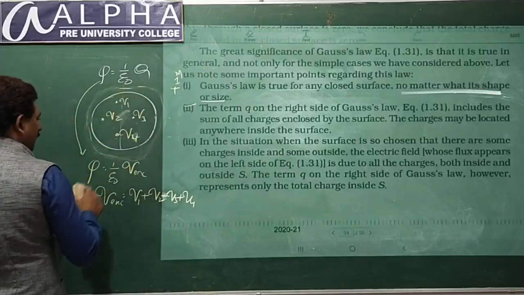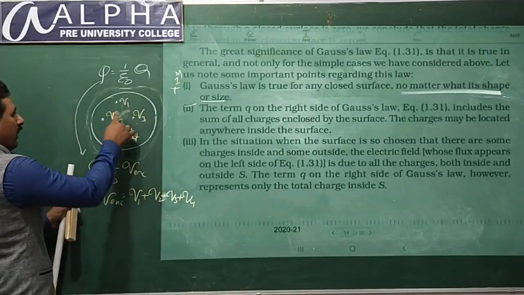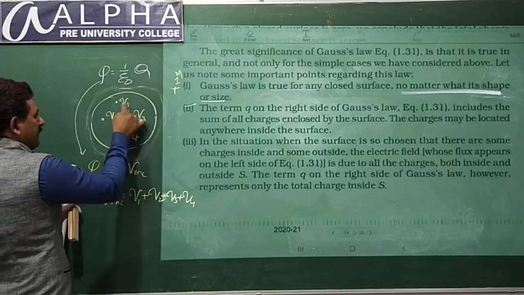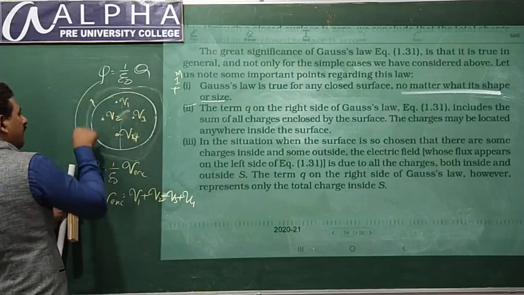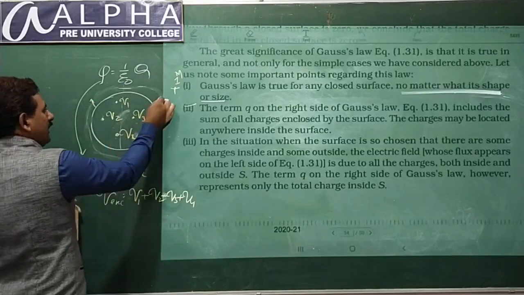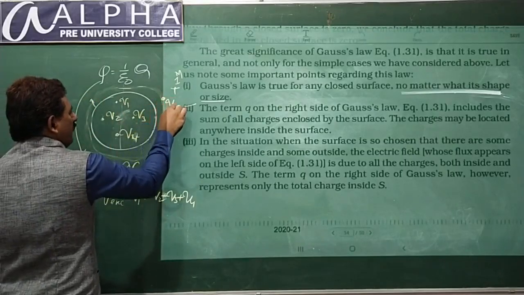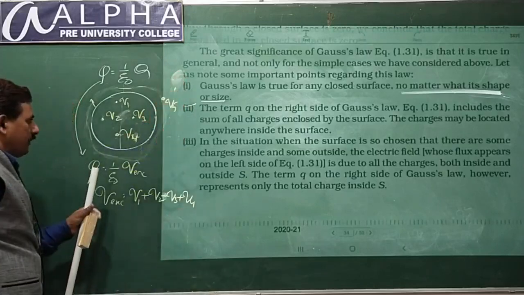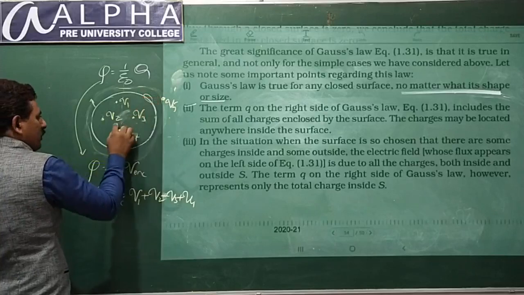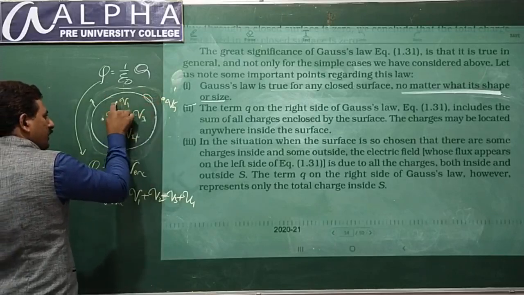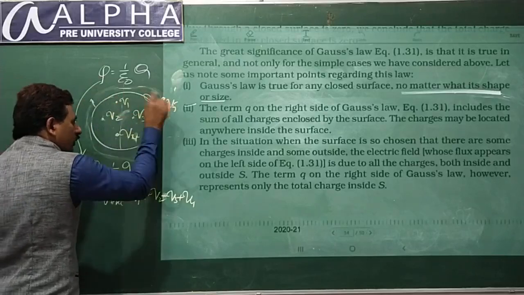Now I consider this point. What he says in the fourth one, there are 4 charges in this diagram inside the Gaussian surface. This is Gaussian surface. What he says, you consider one more charge, say Q5 charge, one more. Now if you find flux over this region, the electric flux due to all the 4 charges, this and also this.